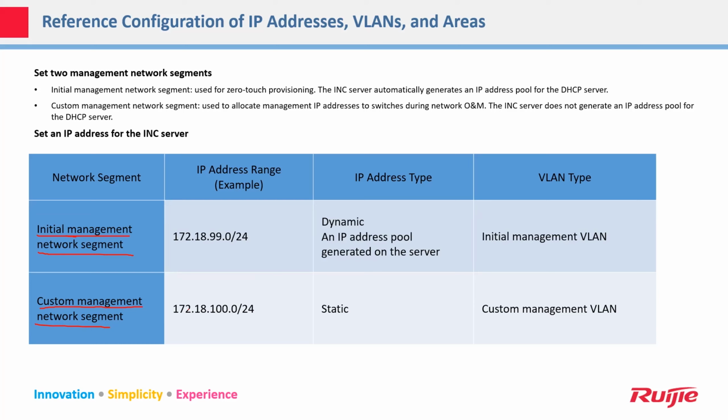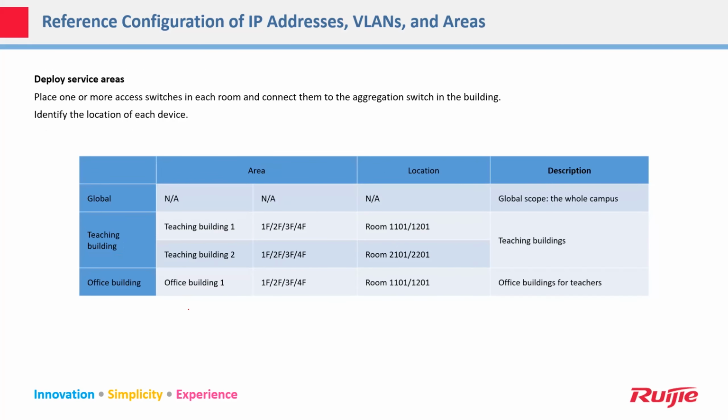It's very complex, okay? Here's just an example. The area could be teaching building 1, teaching building 2, office building 1, and each building can be divided into first floor, second floor, third floor, fourth floor, and each floor has different rooms, right?